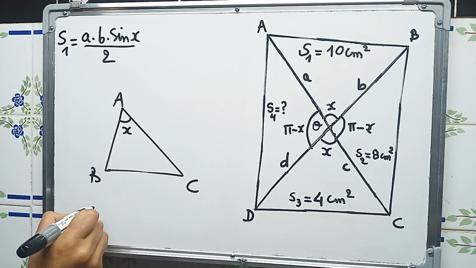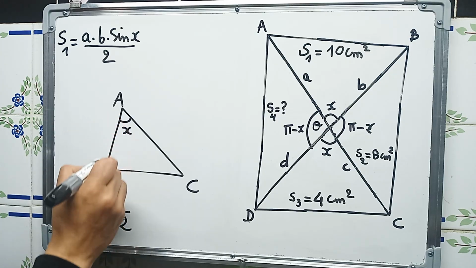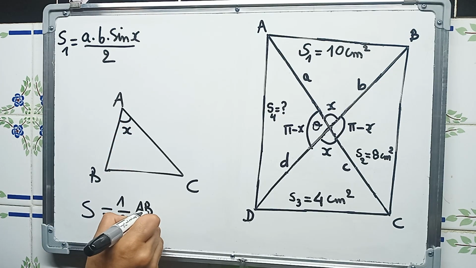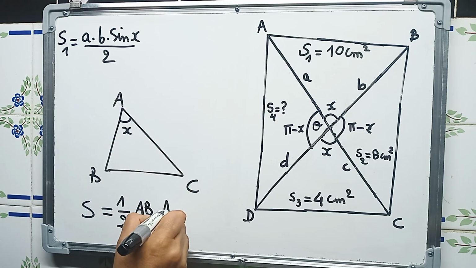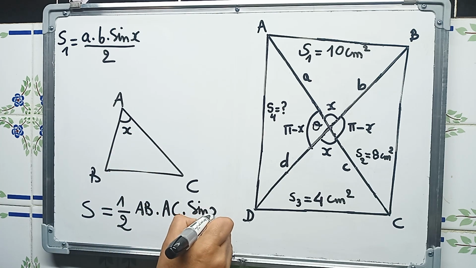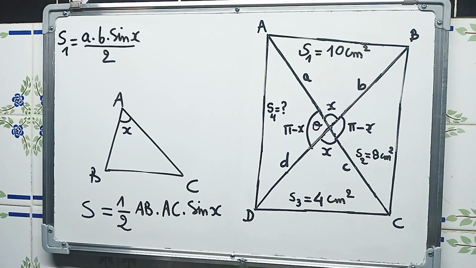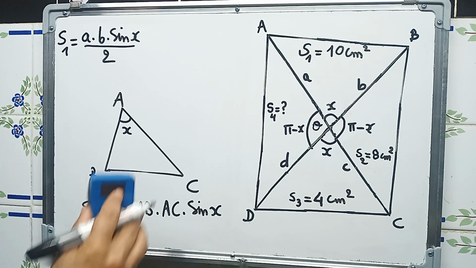The area of the triangle ABC is 1/2 EB AC sine of X, and this formula will be applied for the four triangles.